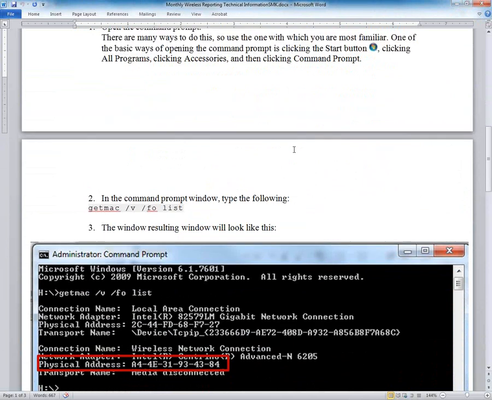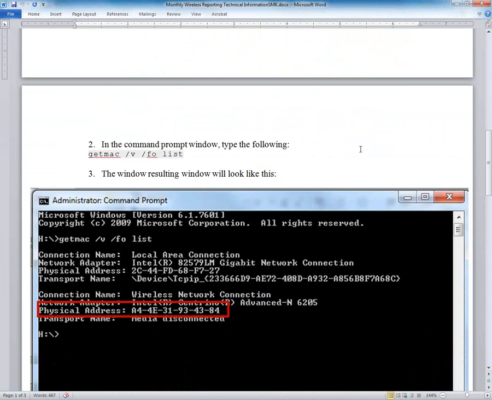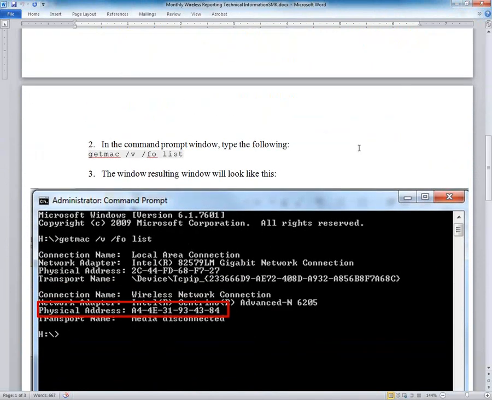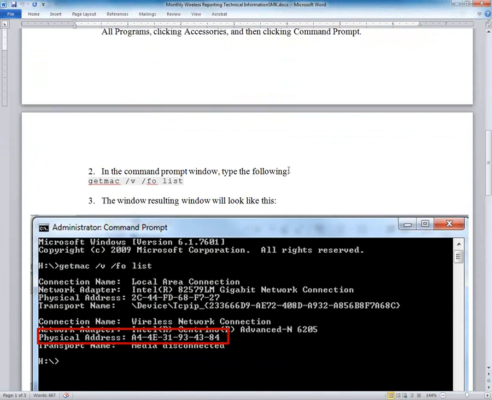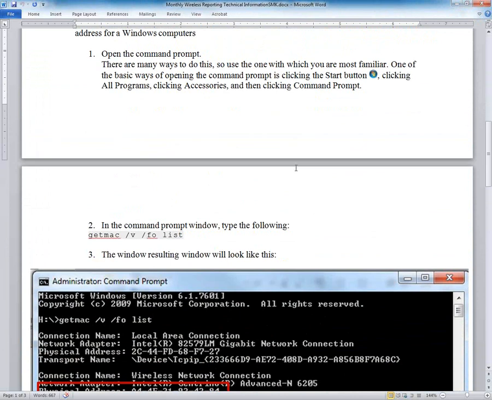And I've given you one way to do it with a command prompt, and there are probably any number of other ways to do it that you could find by Googling how to find a MAC address.